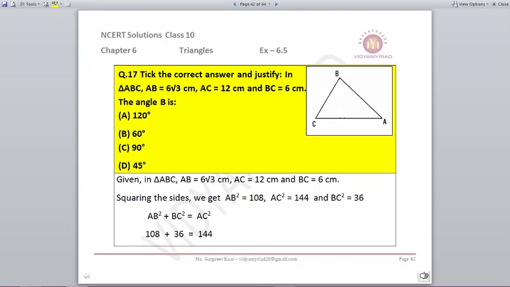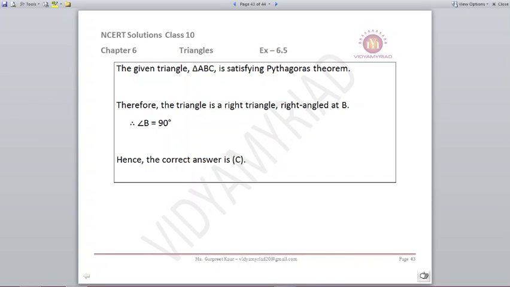So adding the two sides should be equal to the longest side, the hypotenuse, that is 108 plus 36. If I do this, it is coming as 144. Since it is following the rule of Pythagoras theorem, it means that it is a right angle triangle and we can say right angle at B. So the correct option is C.